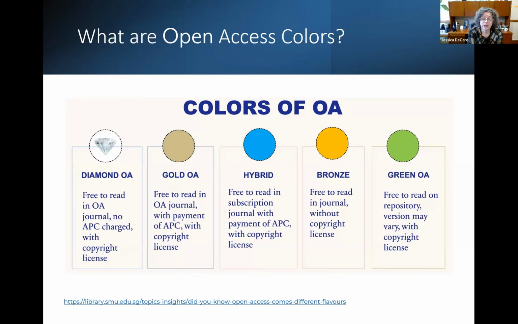Hybrid is free to read in a subscription journal with a payment of APC with a copyright license. Bronze is free to read in a journal without that license, and green is free to read in a repository, typically the author's version of submission to a journal with a copyright license.